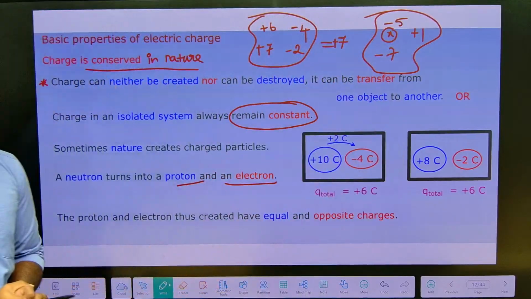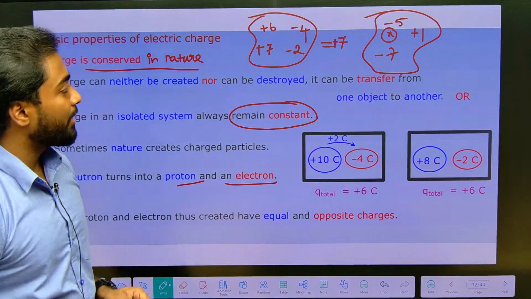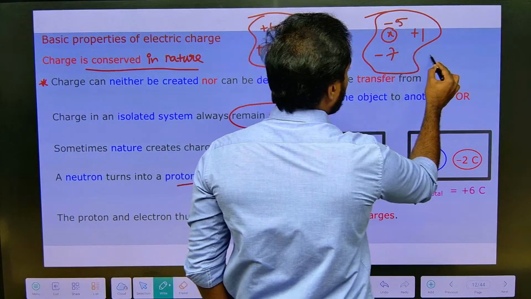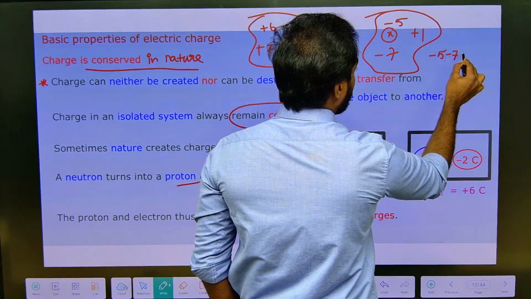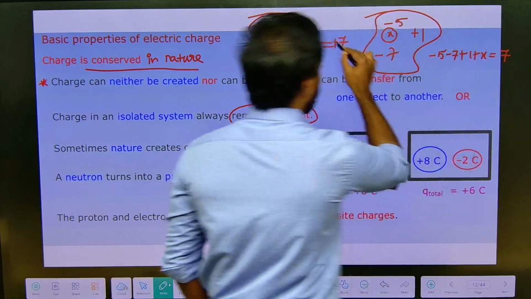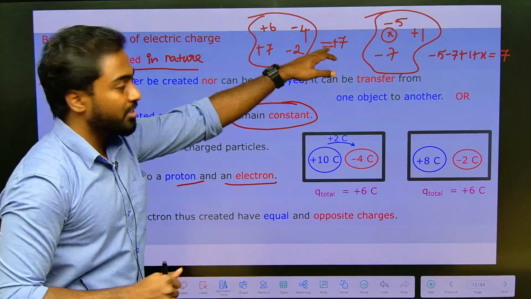So what is the charge of x now? Minus 5, minus 7 plus 1 plus x will be equal to how much? The total charge which is present in the system is 7.